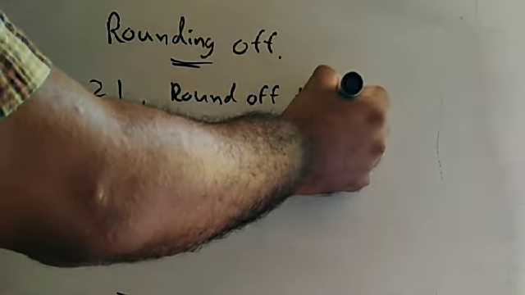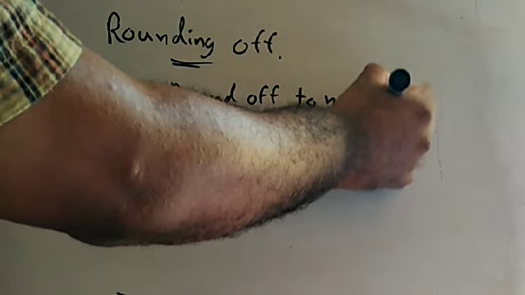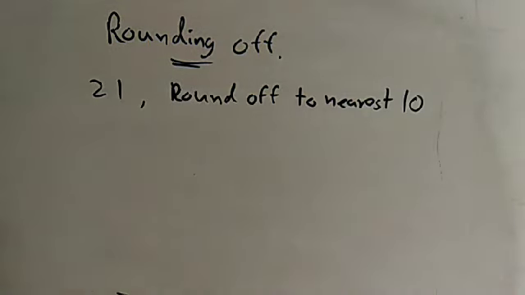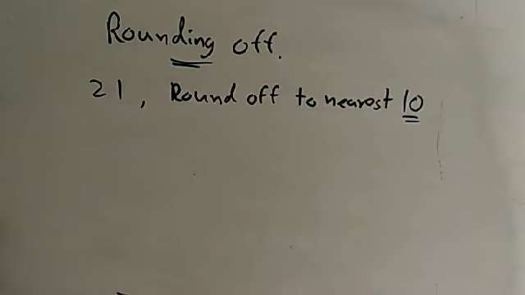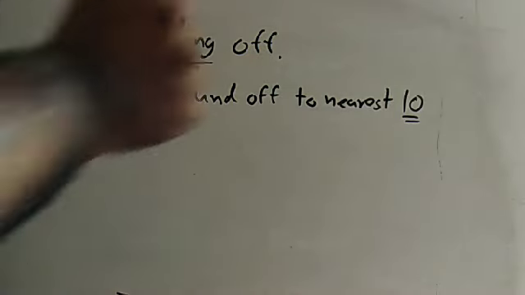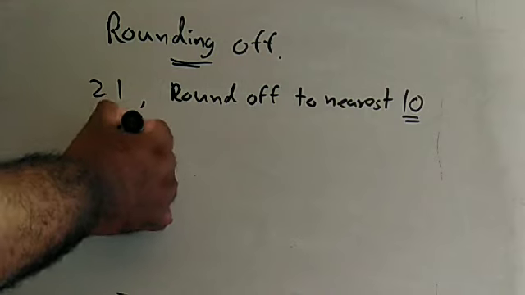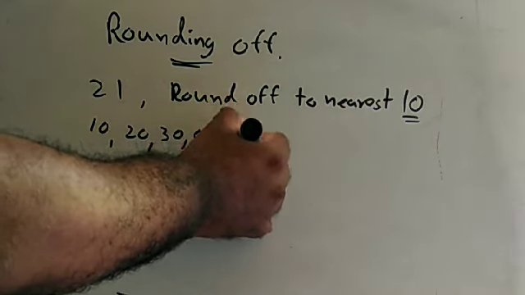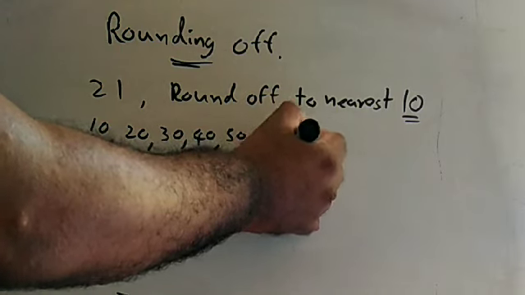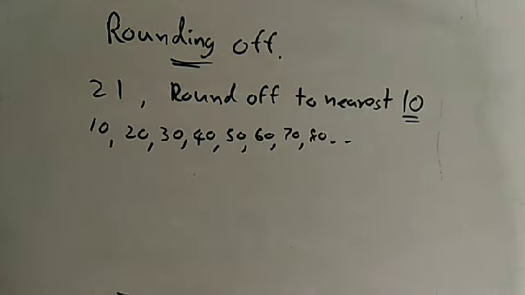Now you can see 21. For the nearest 10, we need multiples of 10. The first multiple is 10, then 20, third one 30, 40, 50, 60, 70, 80. These are multiples of 10.